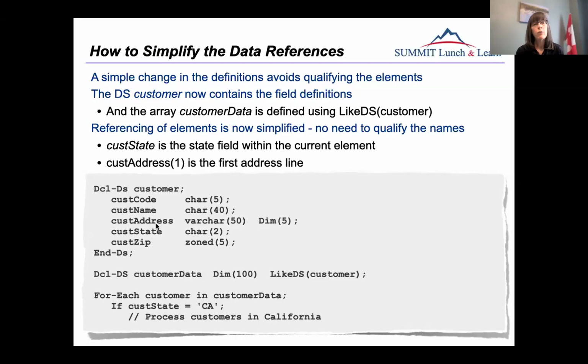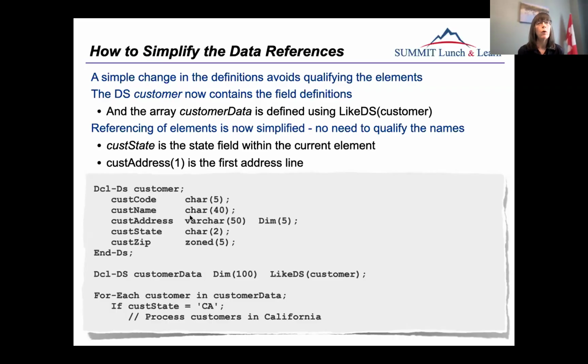So basically, in this case, we're turning it upside down, whereas before we defined the array first and then said that the standalone was like that. We're defining the standalone first, and we're saying the array is like that, which means that now when we move the data into the customer, that's just a regular old data structure, right?